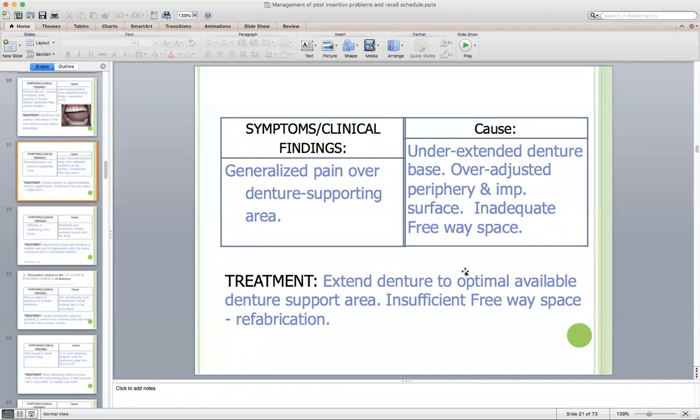That's why it's important to understand the reflection. We have to reflect the lips and cheeks of the patient and exactly see where the denture supporting areas extend, where the periphery of the denture supporting areas is. If there is insufficient freeway space, then we have to go for refabrication of the denture.